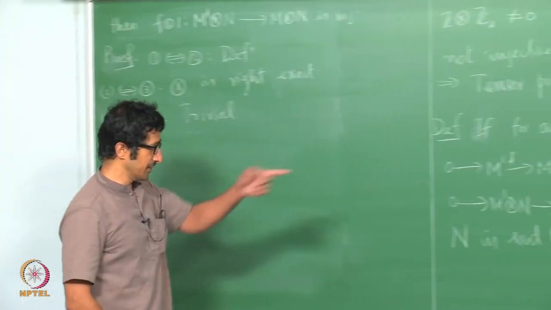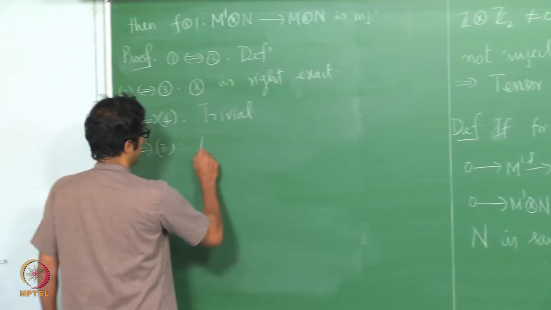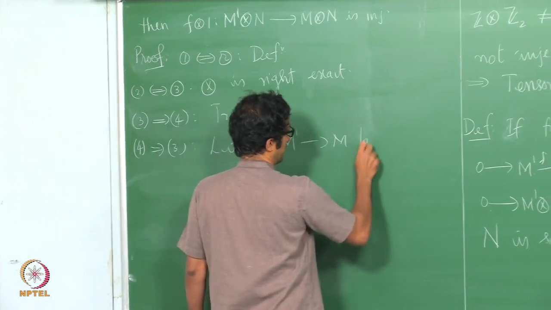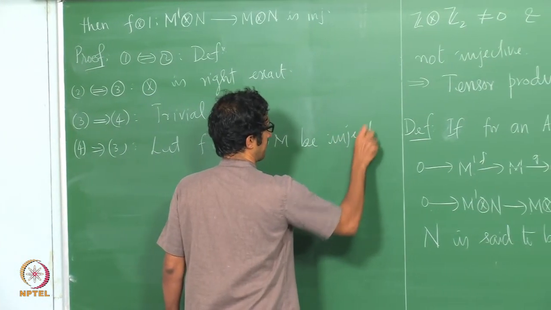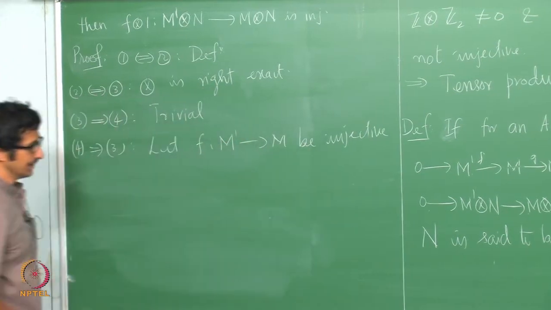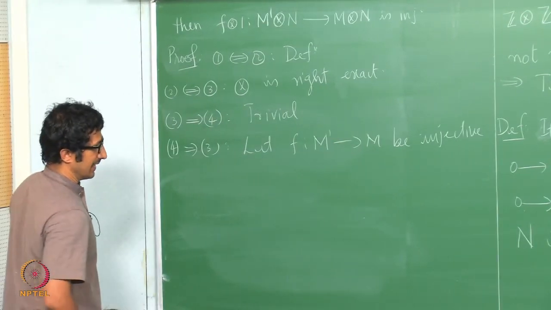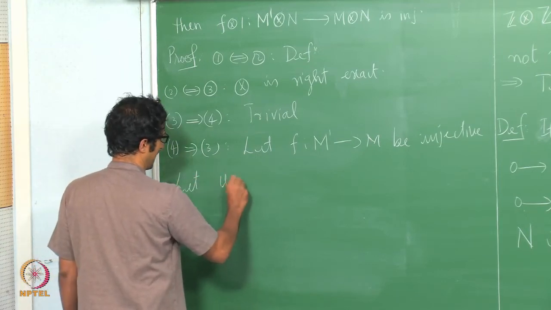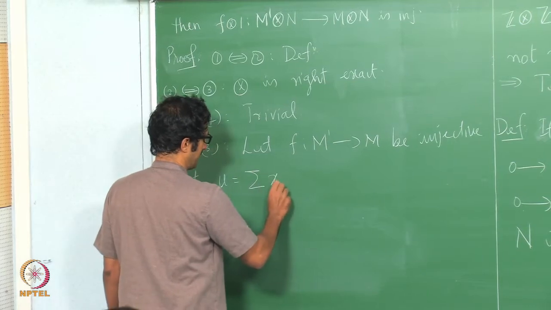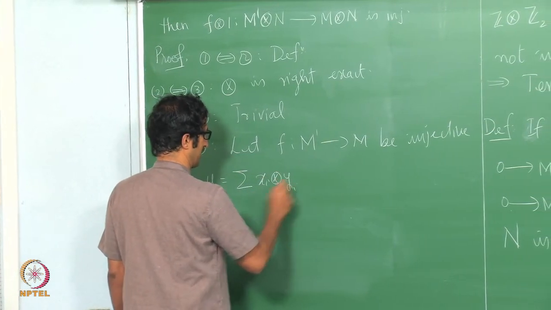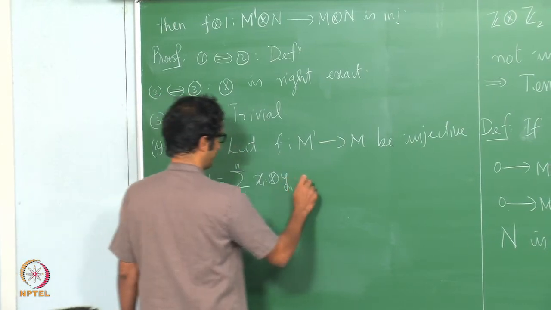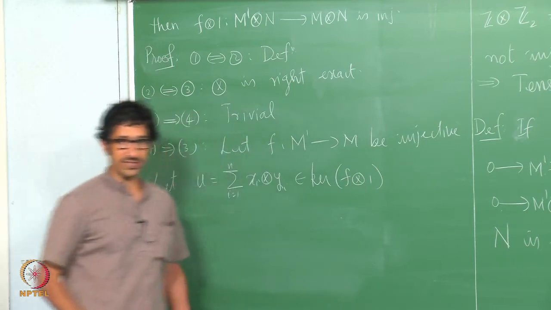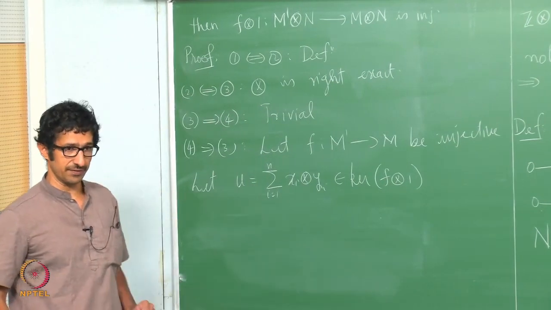So, suppose the fourth statement is true and let f from M prime to M be injective. Let us take an element u in the kernel of f tensor 1. I want to say that f tensor 1 is also injective.